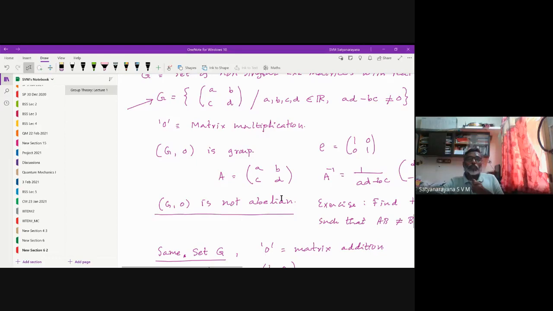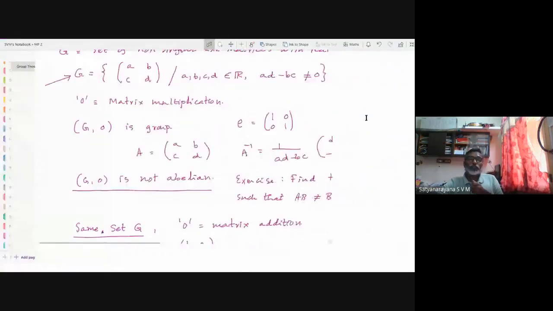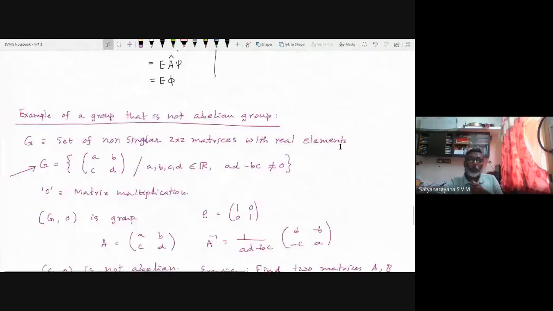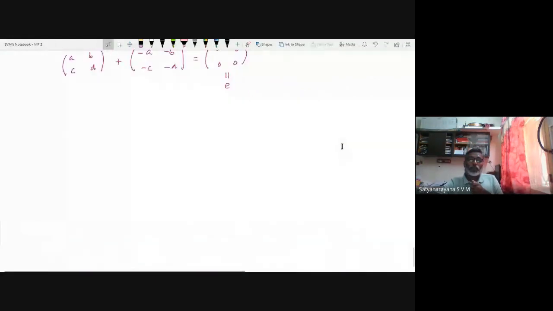Okay. So let us introduce something called the group multiplication table.